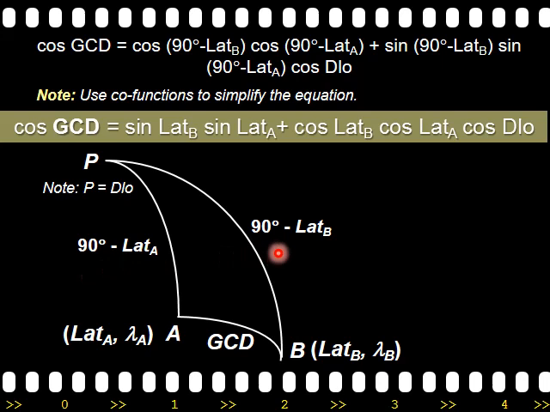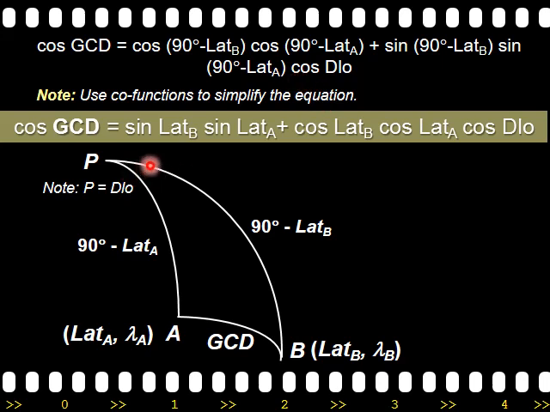Ayan. Ano yung sides na yun? 90 degrees minus lat B, 90 degrees minus lat A. Plus, yung sine ng dalawang sides ulit. So, di ba, cos, sin, sin. So, 90 degrees minus lat B, then 90 degrees minus lat A. And then, cosine ng ano, okay?